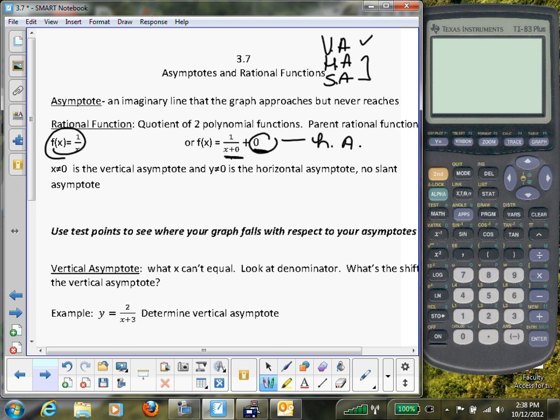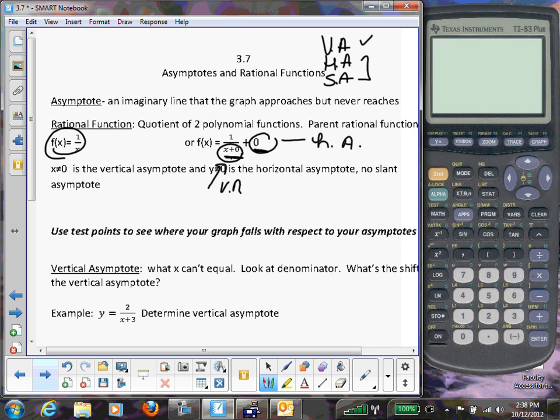Because that's what x can't equal. This is where we determine our vertical one. At y equals 5, you'd have a horizontal.